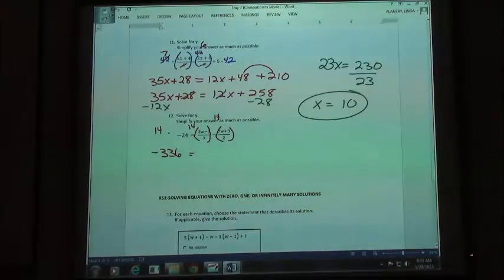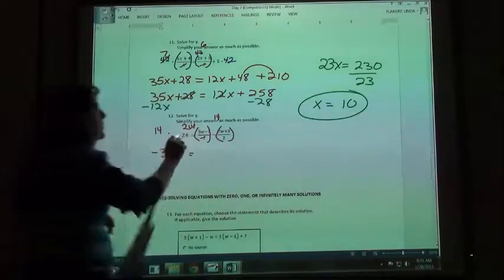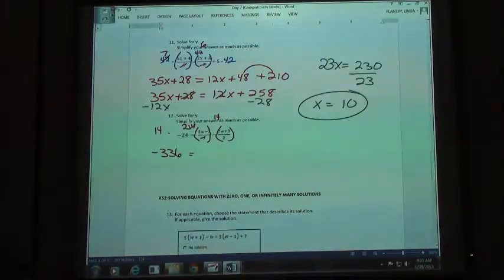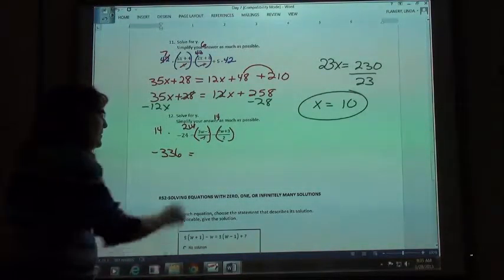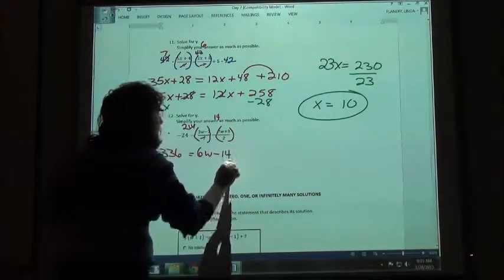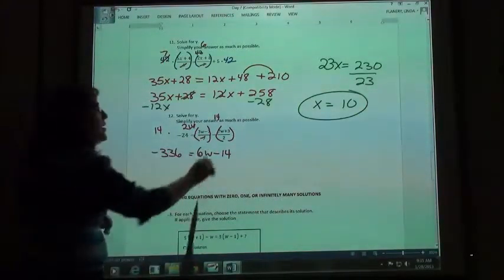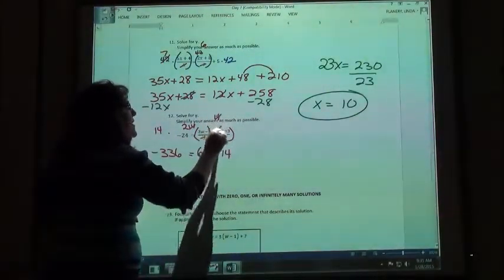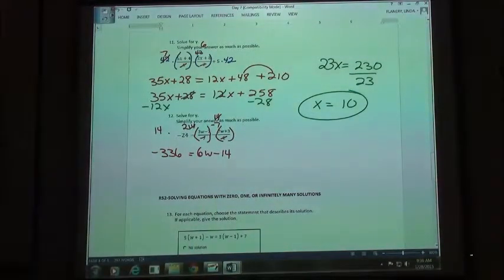On the next one, we're going to cancel. 7 goes into 14 2 times, so now I have to distribute that 2, and I would get 6w minus 14. Here's the one you have to watch because there's that minus sign in front. 2 goes into 14 7 times, but you're going to put the minus in front of that 7, so you're going to multiply by that negative 7.